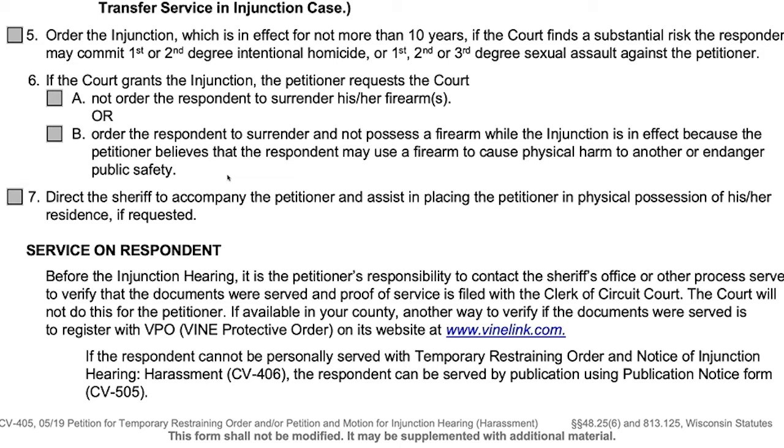If you know this person has guns and they're kind of crazy and violent, you can always ask the court to tell the respondent to surrender their arms. If they're not a gun person, if they don't have guns, then you would just stick with option A.